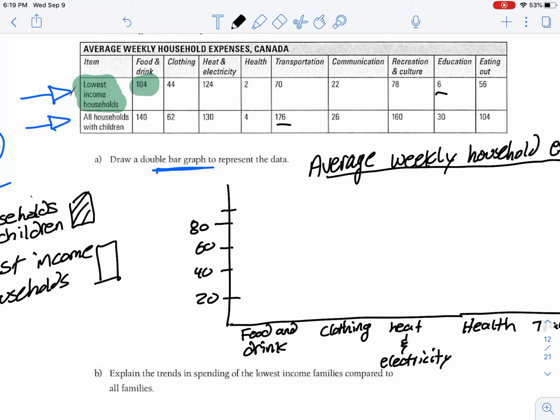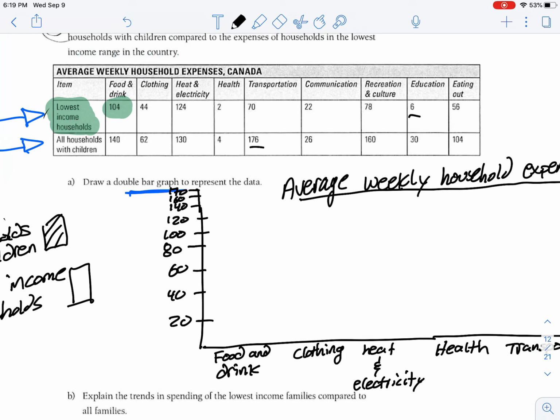So 20, 40, 60, 80, 100, 120, 140, 160, 170. Okay. So again, you might have to erase it and kind of redraw it a little bit nicer, which I'm actually going to do to show you guys good habits. Okay, so here, let's make this a little bit nicer.